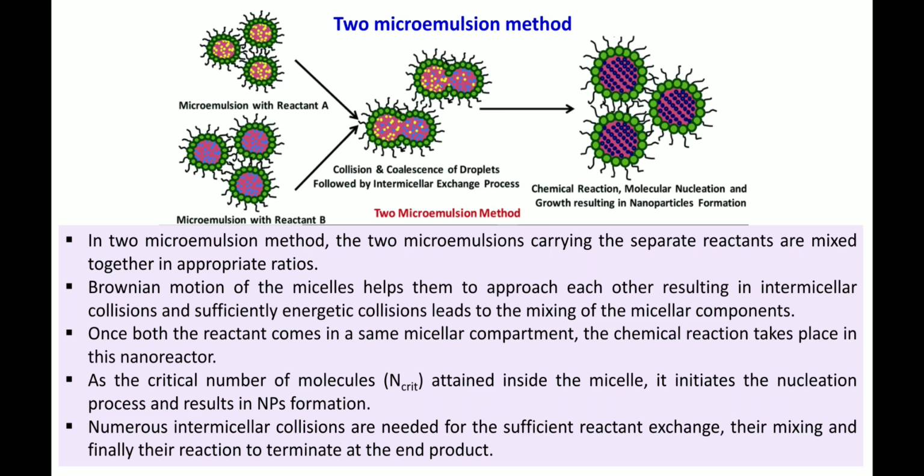Then what we are going to do is add them together. Once we add them together, there is a collision and coalescence of droplets, followed by an intermicellar exchange process. This happens because we have added them together.